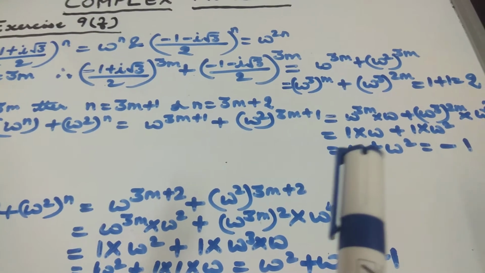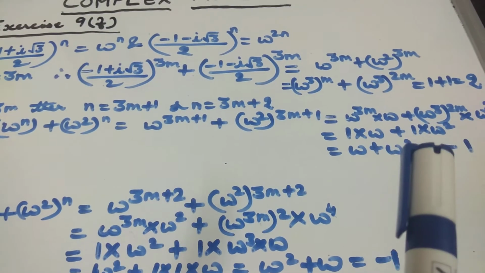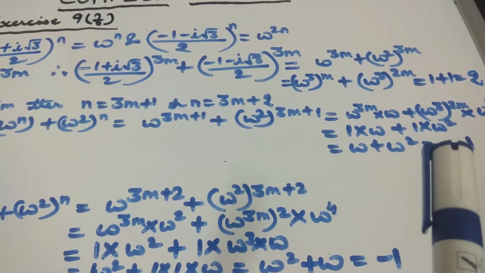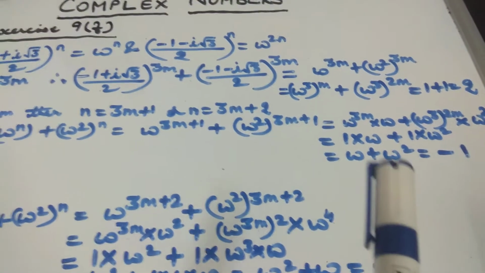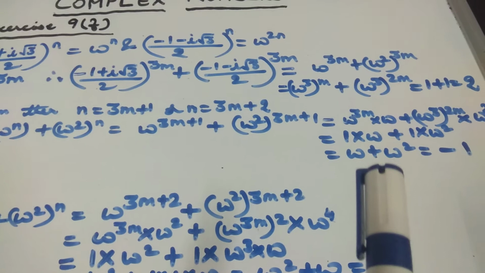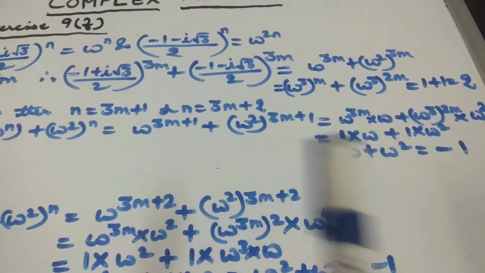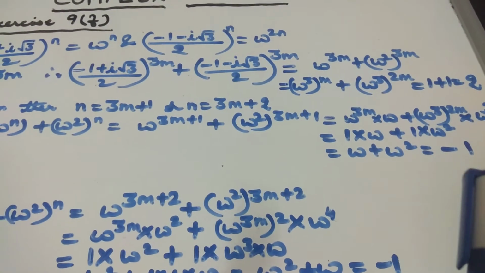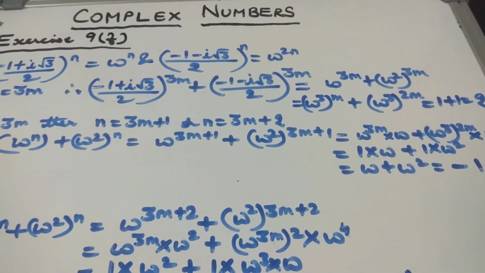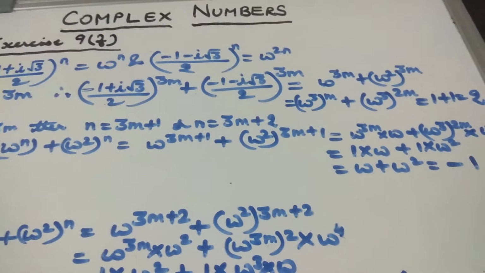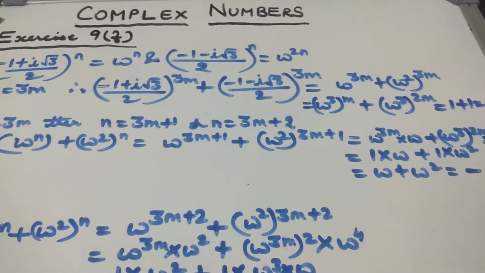So this becomes 1 into ω plus 1 into ω², and that is obviously equal to ω + ω², and by the properties I told you, this is equal to -1. We have already discussed the property 1 + ω + ω² is always 0. So this is equal to -1.